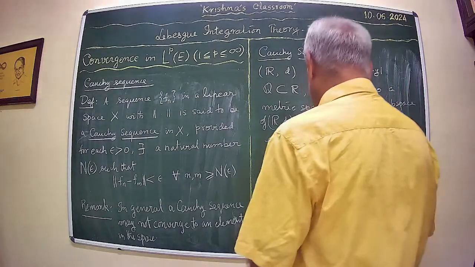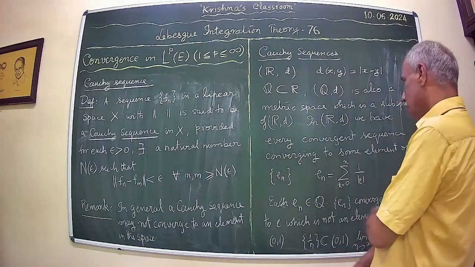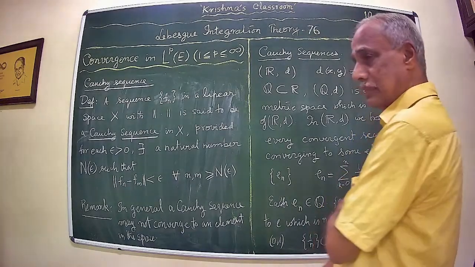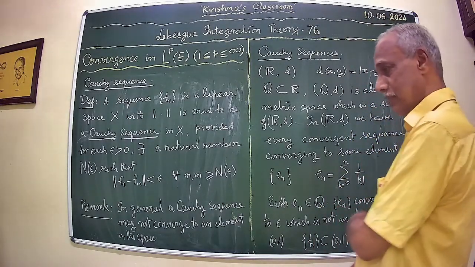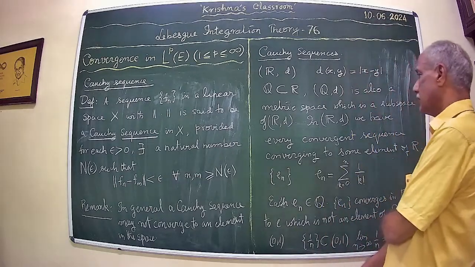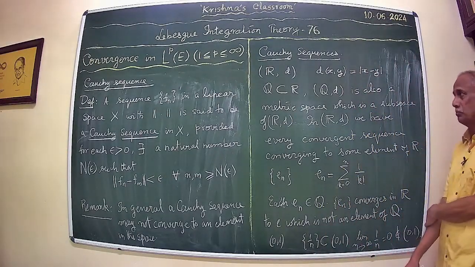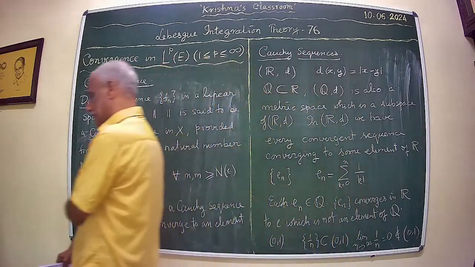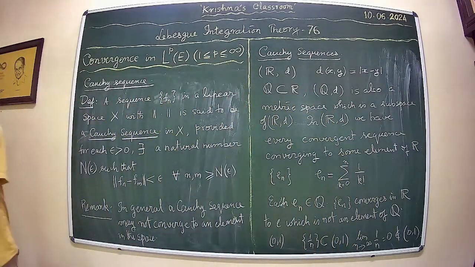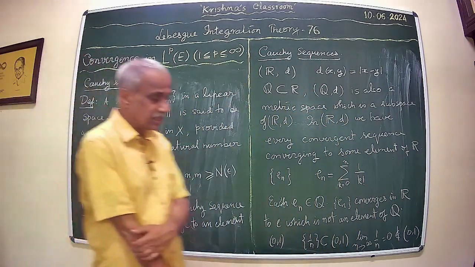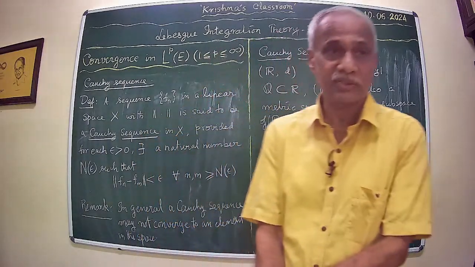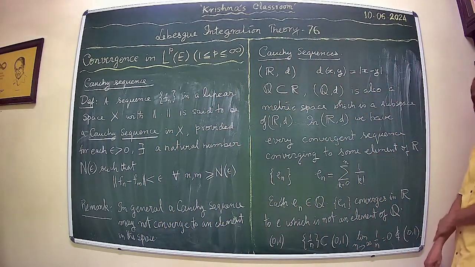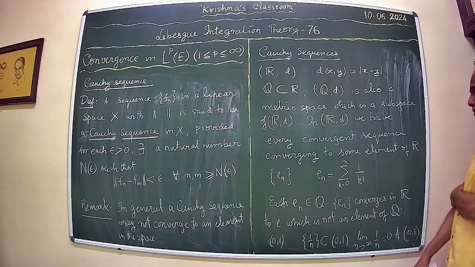As you have seen in Q, there are Cauchy sequences which do not converge to an element in Q. On the other hand, in R, this is one of the basic structural properties of R. In R, all Cauchy sequences are convergent.